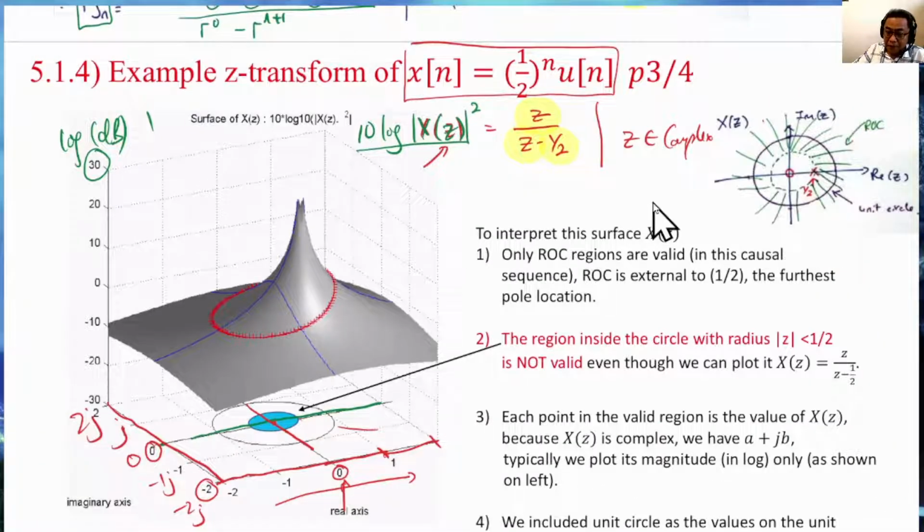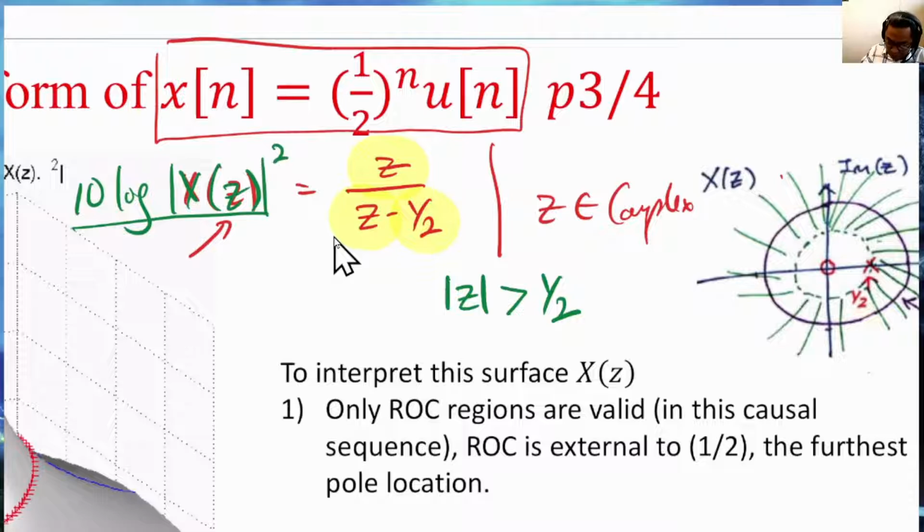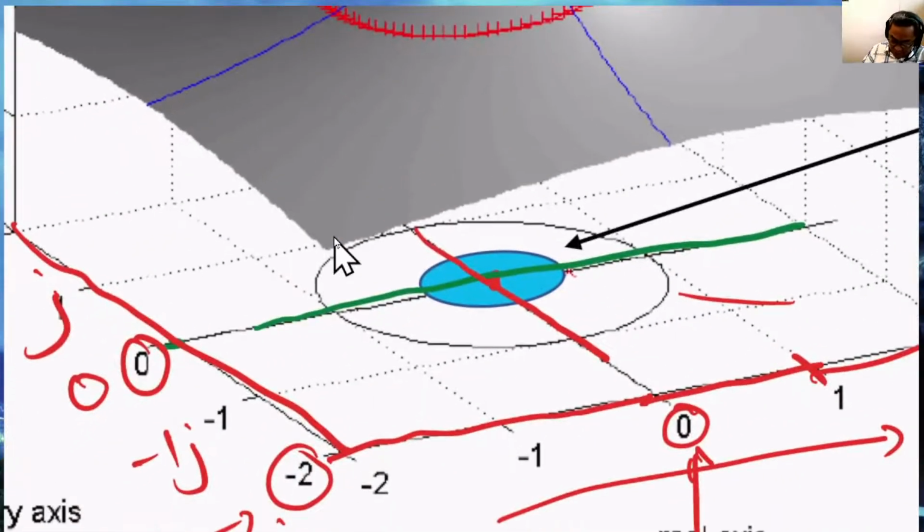Now remember that this equation z over z minus half is only valid for absolute value of z greater than half. So what should we do? Well, first let's find out what absolute value of z greater than half means. Look at the circle again. We'll go to the origin and we'll draw a circle.